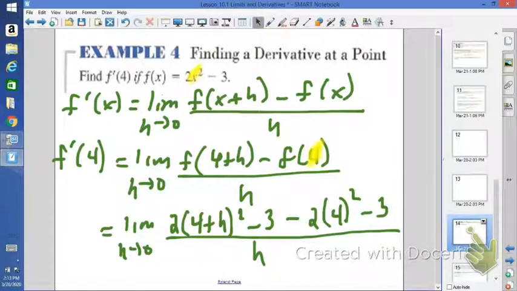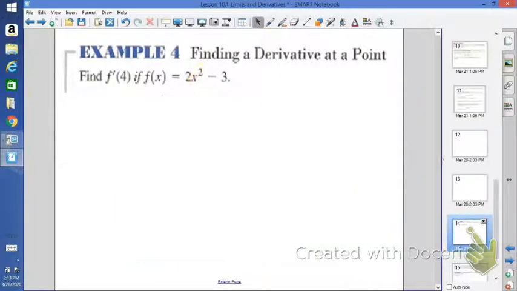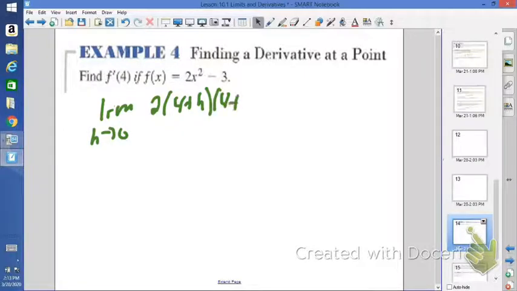So we have the 2 times 4 plus h squared. That's how we're going to rewrite it.